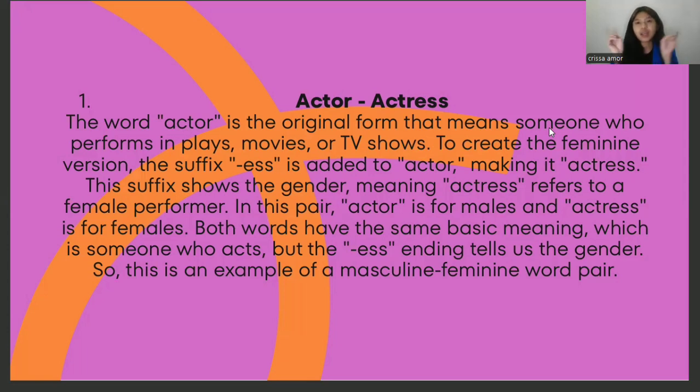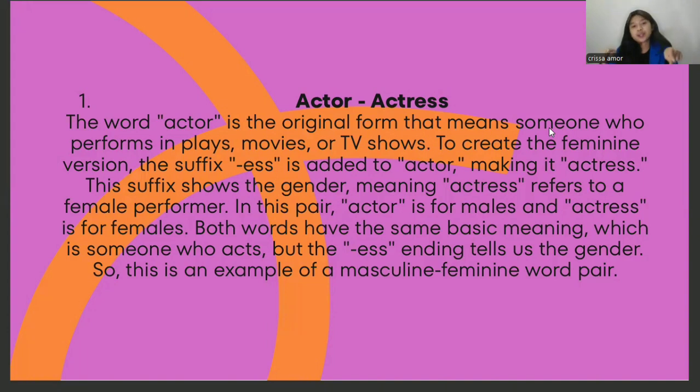The word actor is the original form that means someone who performs in plays, movies, or TV shows. To create the feminine version, the suffix s is added to actor, making it actress. The suffix shows the gender, meaning actress refers to a female performer.